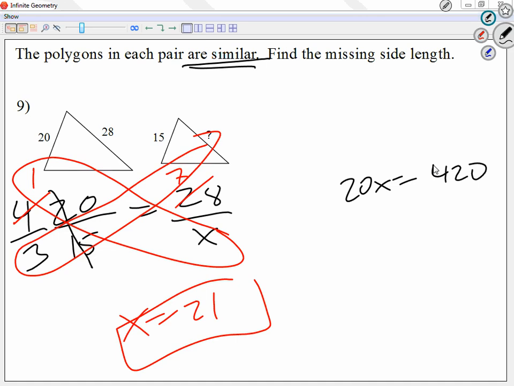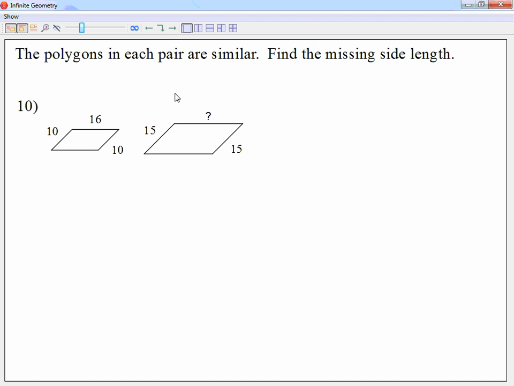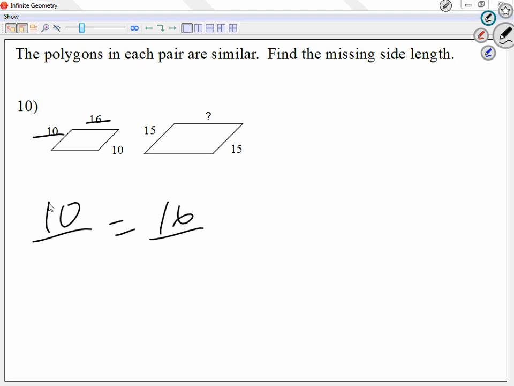Number 10. From number 10, I'm going to use these two numbers, 10 and 16. I know 10 is smaller than 16. From the other figure, I'm going to use 15 and x, and I know 15 is smaller than x. But we can compare the length.